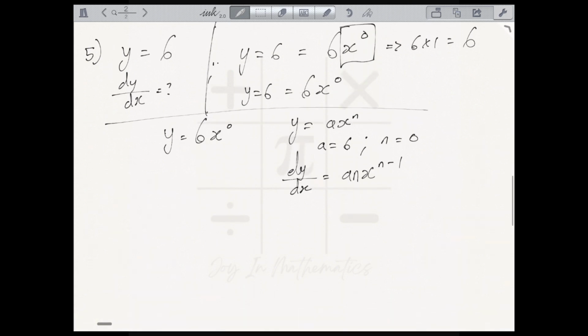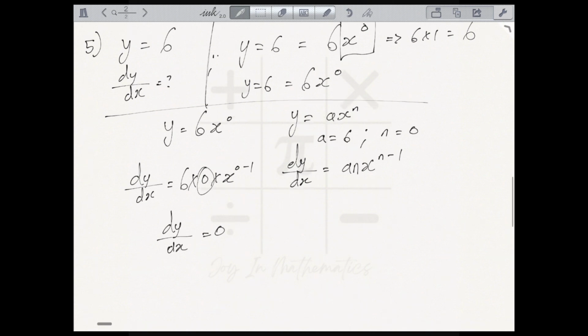Let's substitute. Then dy/dx is equal to a, that is 6, multiplied by n, that is 0, multiplied by x to the power 0 minus 1. Since we have 0 as one of the multiplicands, dy/dx is equal to 0.